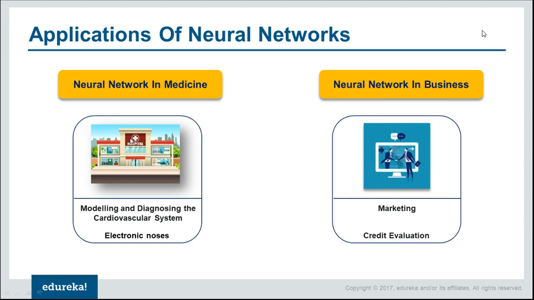So in medicine it is being used, and in business it is being used a lot. If you have done shopping with online stores, you might have seen some recommendations it gives you. Most of the great recommendations come through neural networks only, and you can see how nicely they are recommending.